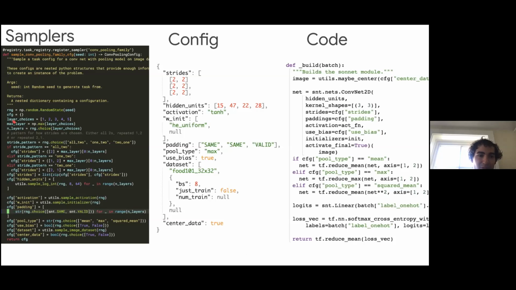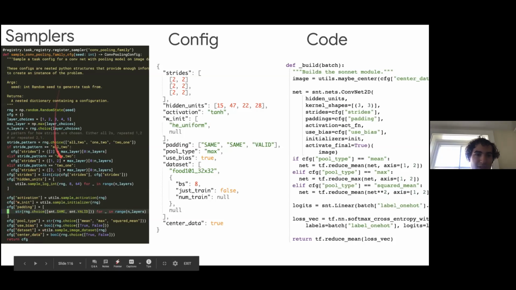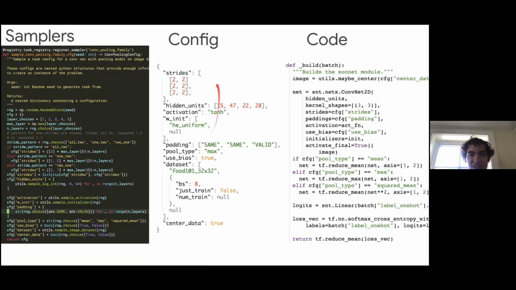We might sample a number of layers, a stride pattern, hidden units, activation, initialization, padding, dataset, and so on. We run these samplers to sample a bunch of tasks. These give us these configs, which are basically everything we need to know about how to construct the task. And then these configs get fed into some code, in this case Sonnet TensorFlow, to produce some models that we can actually train.